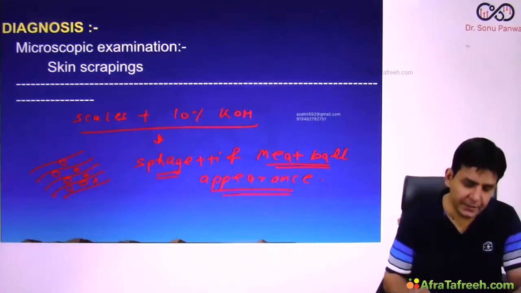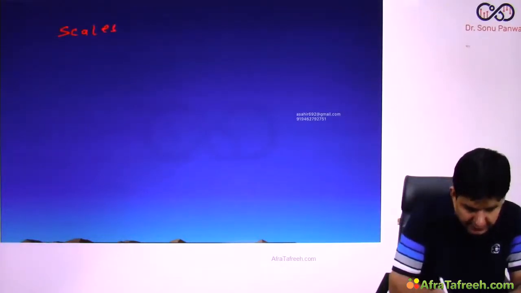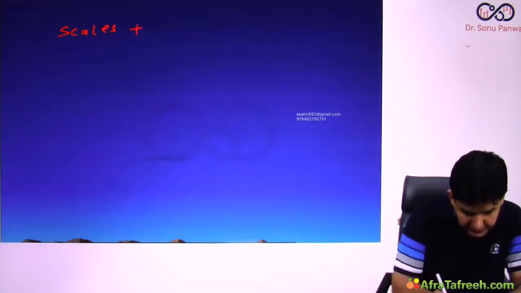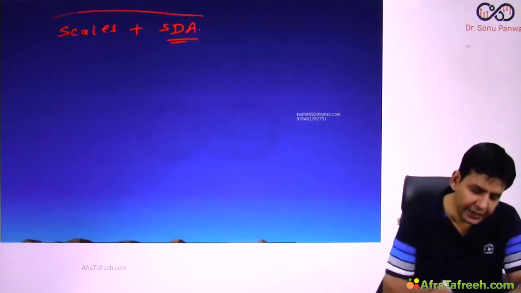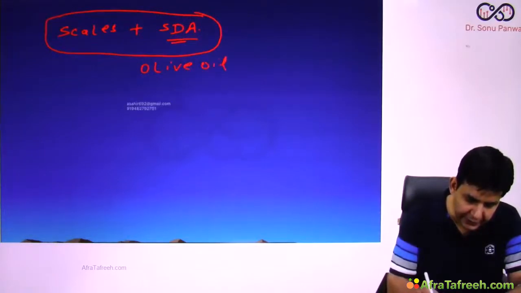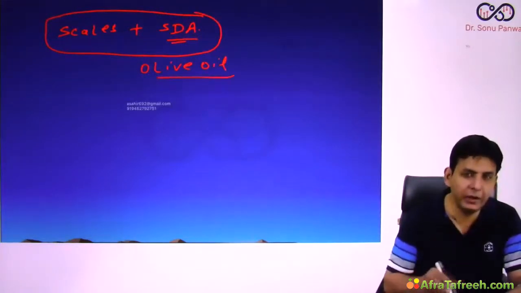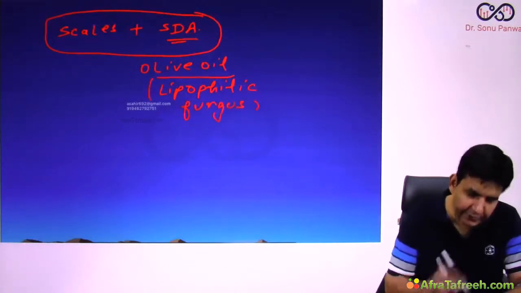So one thing is this. Other than that, you remember that these scales are also put into SDA, Sabouraud dextrose agar, and over that you put olive oil. Why are you putting olive oil? Because this is a lipophilic fungus.